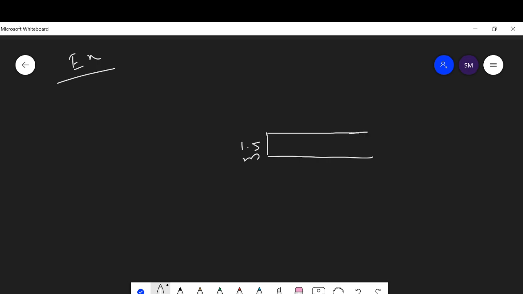At first let me draw the diagram, then I will explain. The angle of elevation is 45 degree. The height of the person is 1.5 meter, and he is 28.5 meter away from the tower.